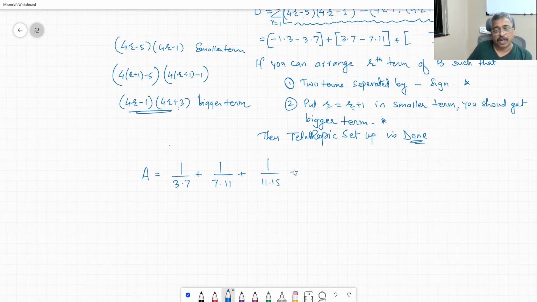Let me keep it small, plus 1 upon 15 into 19 plus 1 upon 19 into, I'm adding 4, 23. Just find out the sum of these fractions. They are not decimals, they are multiplications.